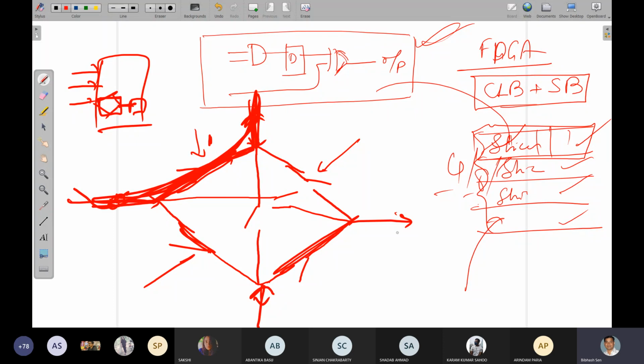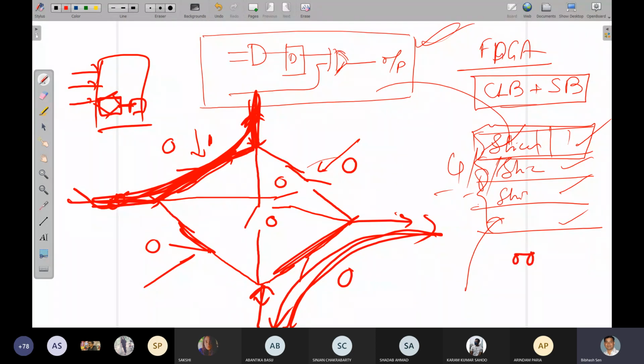If you provide voltage here, information flows in both dimensions, this way or this way. So if I provide 0, 0, 0, 0, all 0, that means all connections are open, so there will be no flow in the switch boxes. Am I correct? When you fix any one of them, it will happen accordingly.